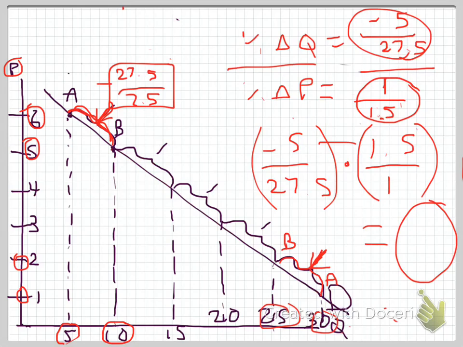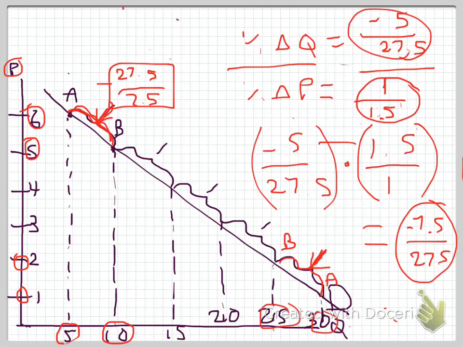So minus 5 times 1.5, I think in my head that's minus 7.5, but I'm going to turn on my calculator because it's late and I'm old. 5 times 1.5 is 7.5, and it's negative, so minus 7.5 over 27.5.